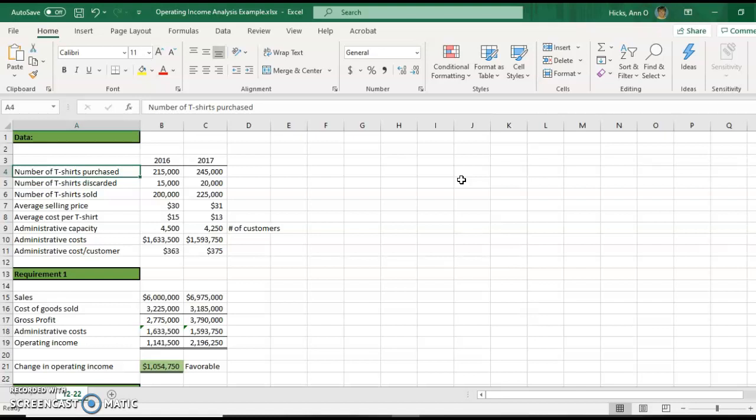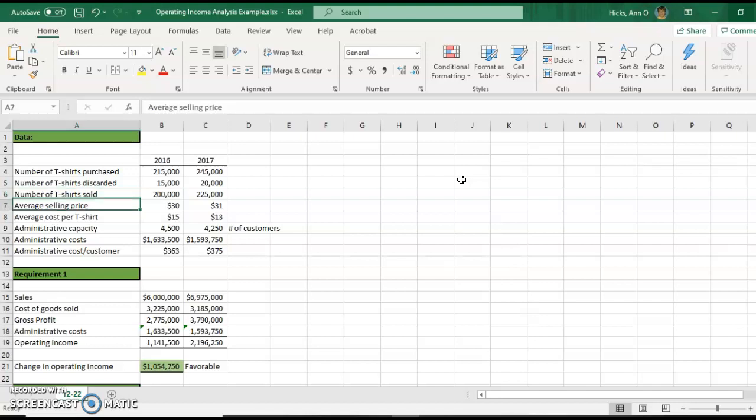Number of t-shirts purchased for each year, number of t-shirts discarded, so this would have been due to a defect or problem with the process, and then the difference between those two is the number of t-shirts that they sold. So notice we're ignoring any sort of inventory here, we're only looking at sales.